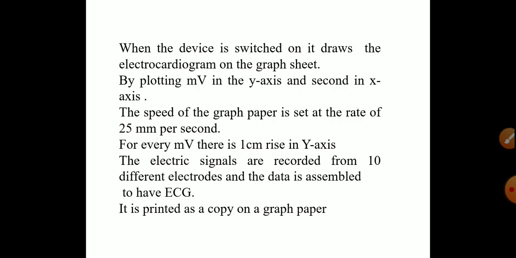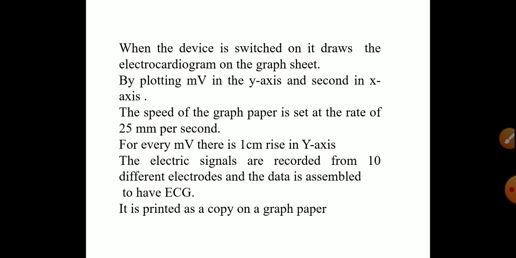Next, when the device is switched on, it draws the electrocardiogram on the graph sheet by plotting millivolt along the y-axis and time, that is in seconds, along the x-axis. The speed of the graph paper is set at a rate of 25 millimeter per second.